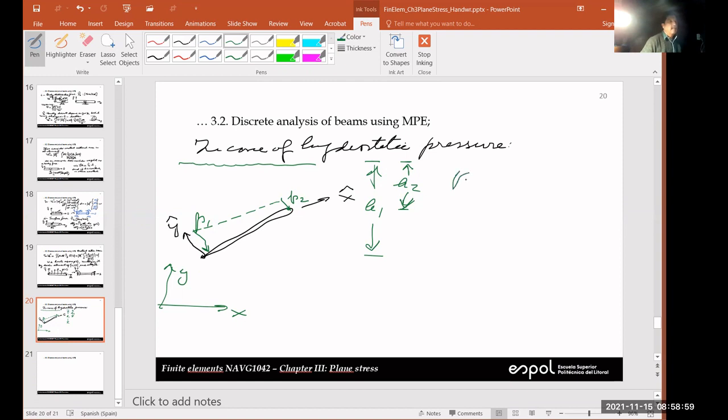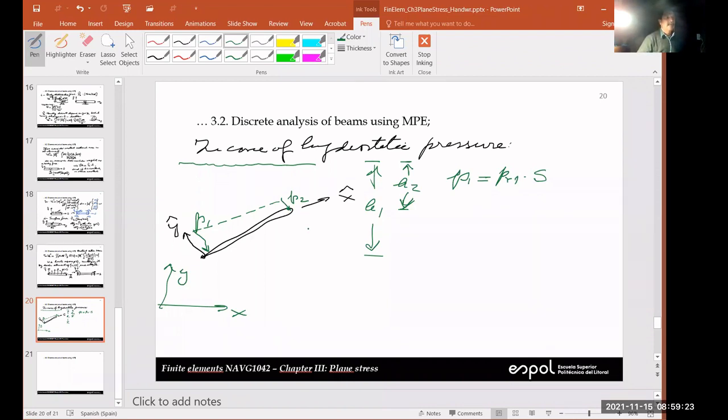So P1 is force per unit length, so it's going to be the pressure, let's call it PR, that's pressure at 1 times the spacing. That's the spacing between frames, that's data that engineer Isaac provided to you.